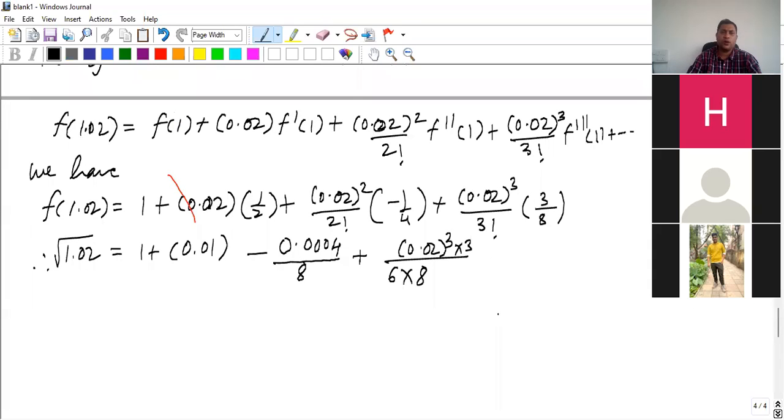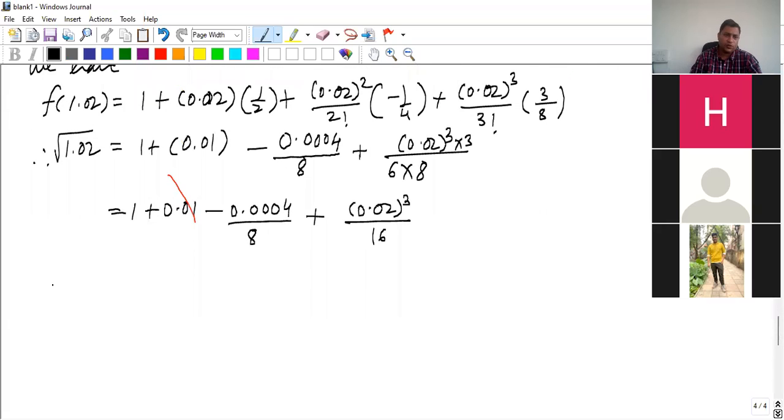Now simplify this. So we get 1 plus 0.01 minus 0.0004 by 8, and plus 3 will get cancelled, so we'll be having 0.02 cubed, and here we'll be having 16. Now calculate what this value is going to be.